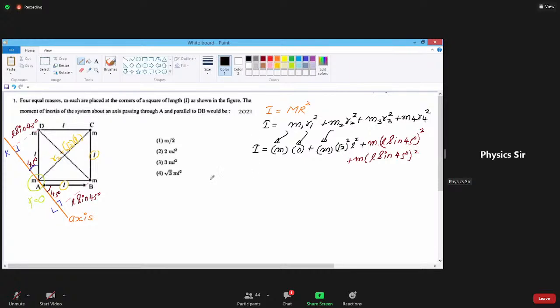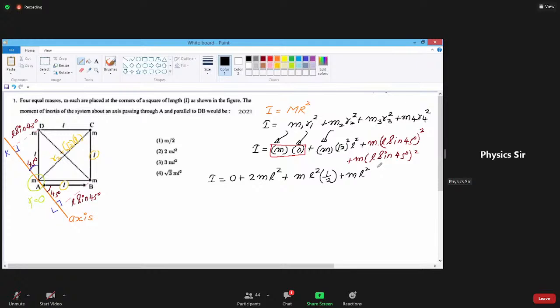Therefore, this moment of inertia I can be written as 0 plus, under root 2 squared will become 2, 2 ML squared, plus ML squared. Sine 45 is 1 by root 2. 1 by root 2 squared is 1 by 2. Plus this is also ML squared.